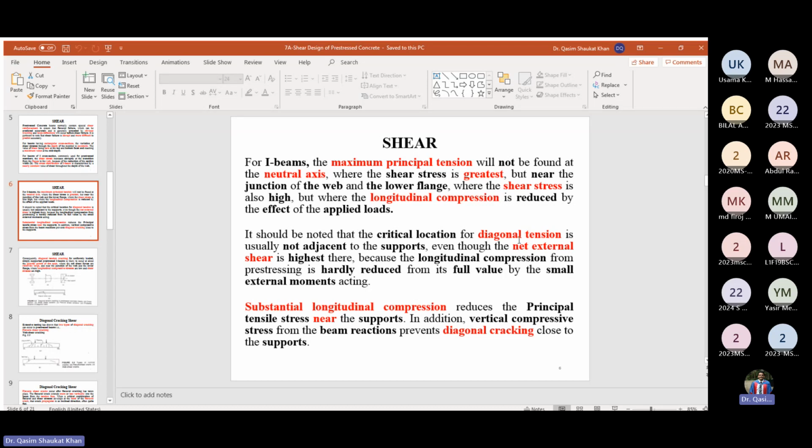The critical location is not adjacent to the supports, even though the net external shear is highest there, because the longitudinal compression from the prestressing, which results in the negative camber or hog, is hardly reduced from its full value by the small external moment.